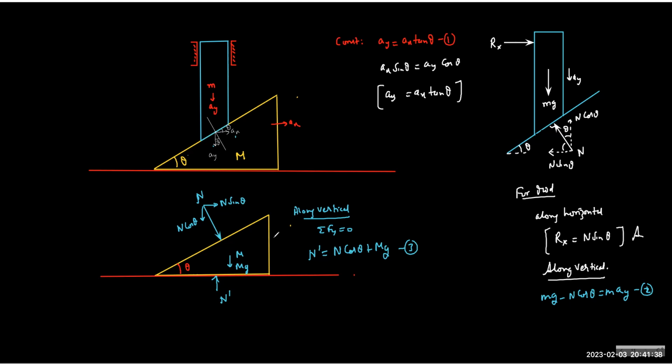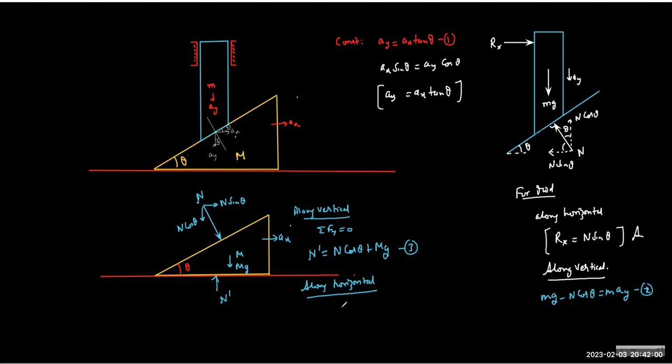So in the horizontal direction, there is acceleration AX. So along horizontal, what can I write? Tell me. In the horizontal, what is the net force acting?